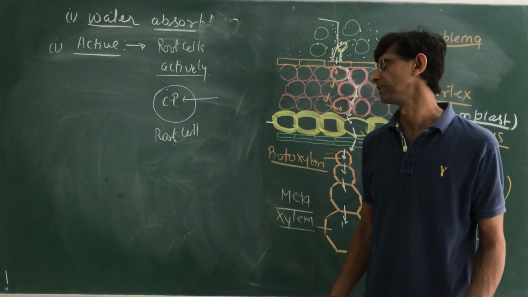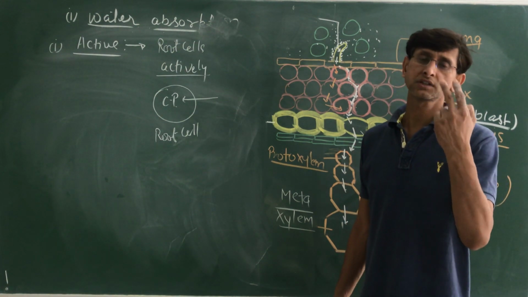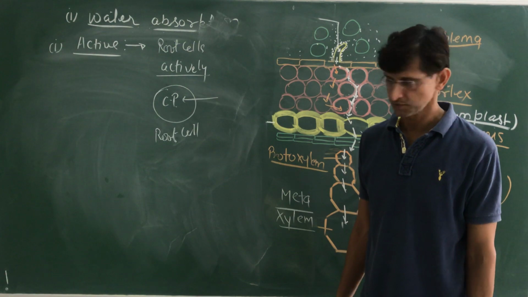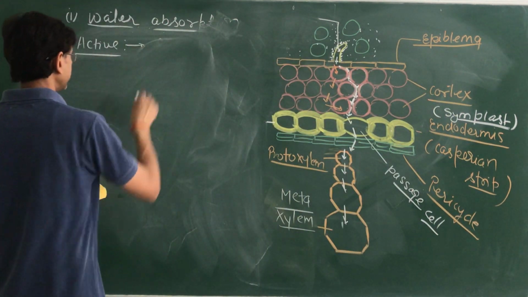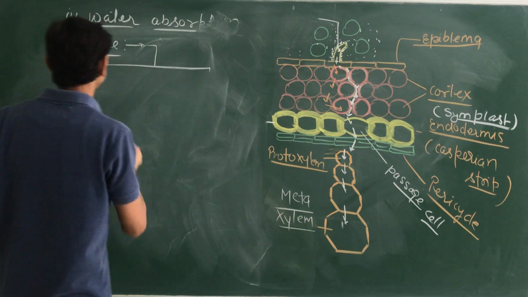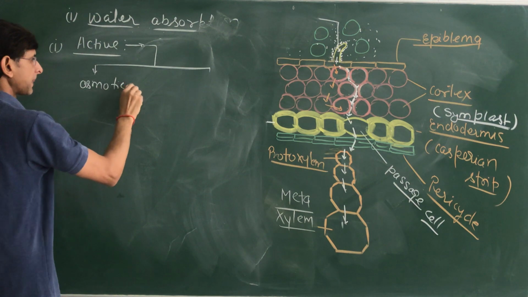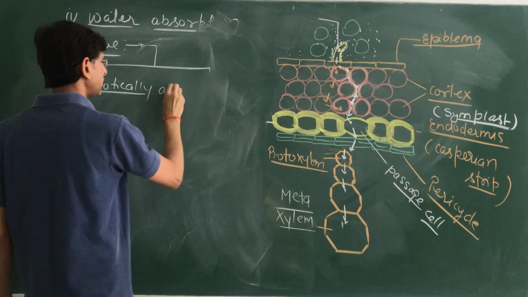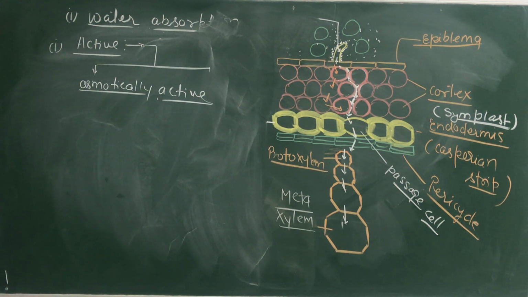So how does this happen? Listen, there are two types of active water absorption. First we will consider the osmotically active water absorption. How does this happen?